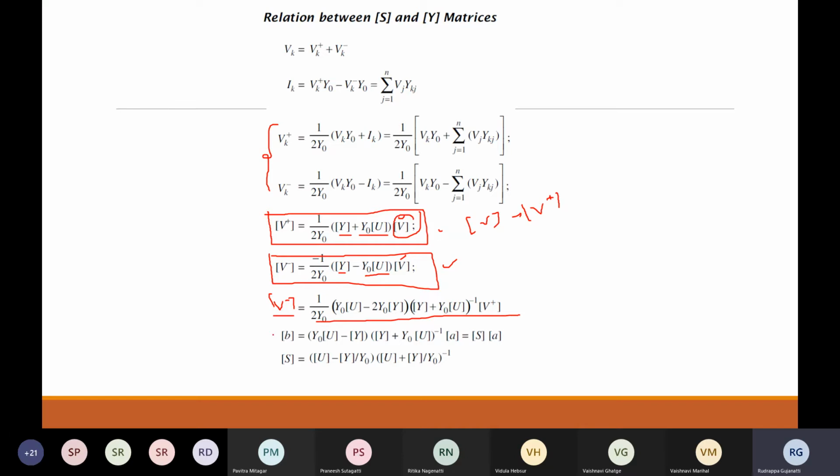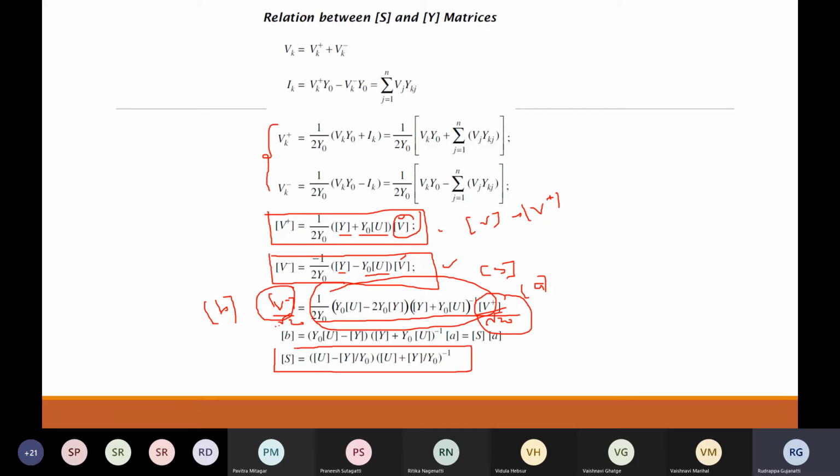When I make the comparison, I divide this by square root of Z naught, and this one by square root of Z naught. This one gives me the parameter associated with the reflected wave amplitude, and this one gives me the incident wave amplitude. The remaining parameter gives you the S matrix. So here we can see that the S matrix is related to the Y matrix by the equation shown over here.